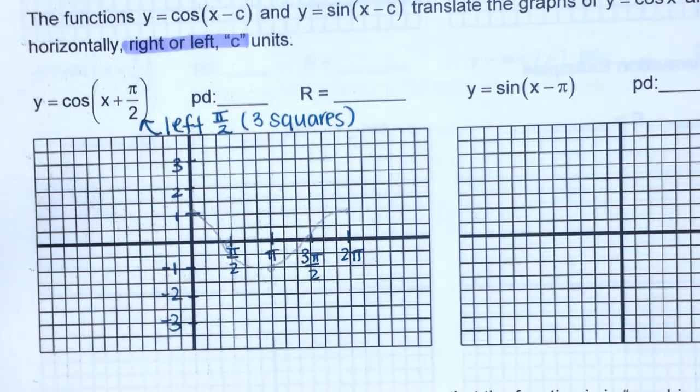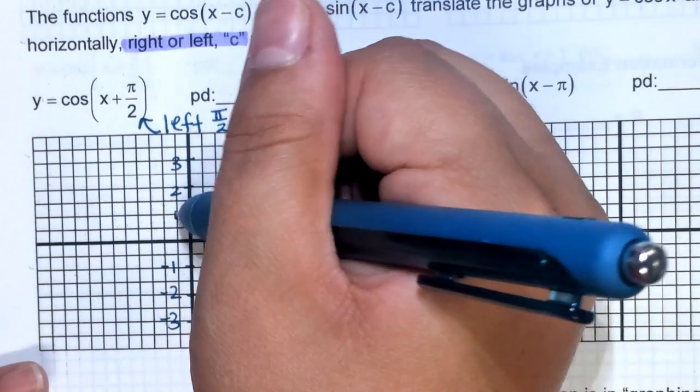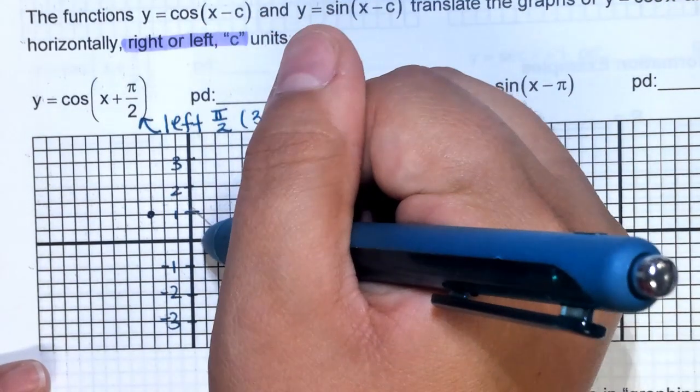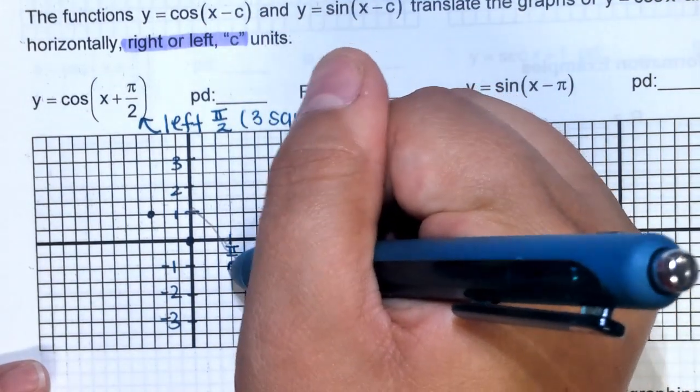I'm just marking my X and Y axis. Lightly outline the parent function. All right. What are you going to do with each point? Shake it to the left. 3 squares. 1, 2, 3.